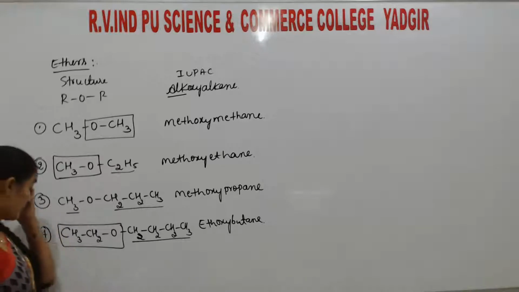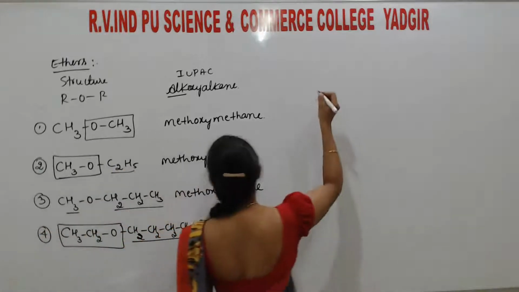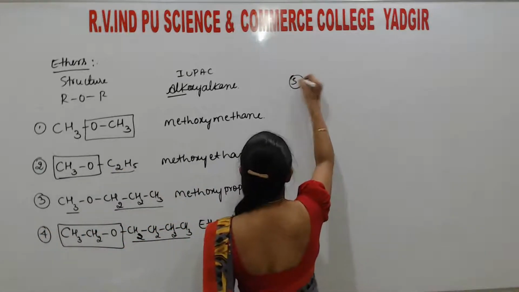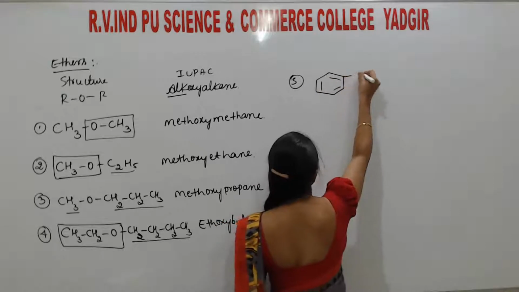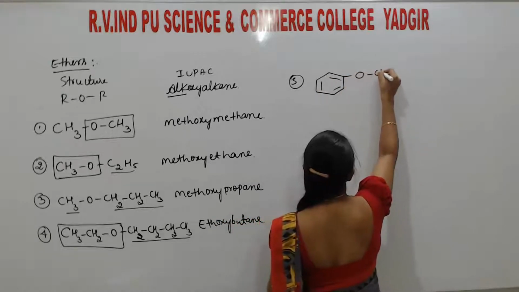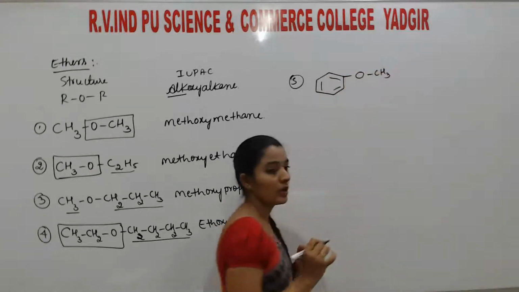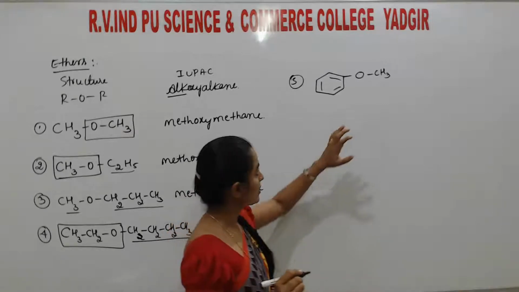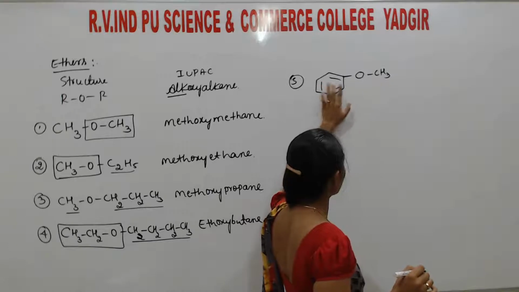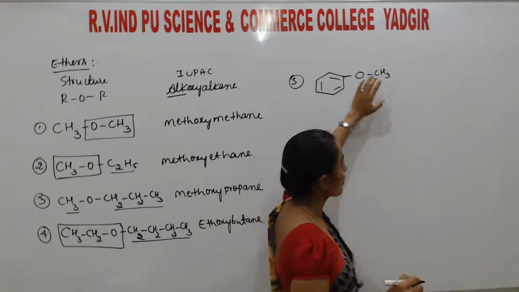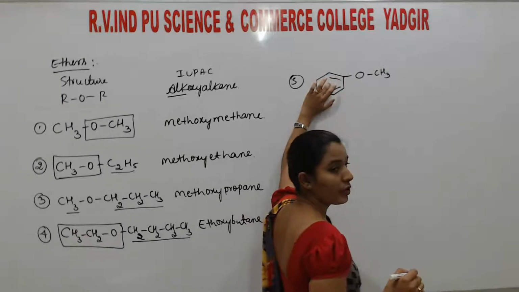Next, if it comes aromatic. This is a benzene ring with oxygen atom and CH3. So students, this one is methyl, this one is phenyl. So this will get methoxy, this will get phenoxy.